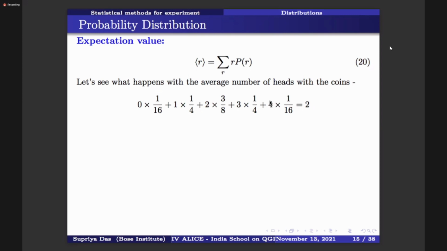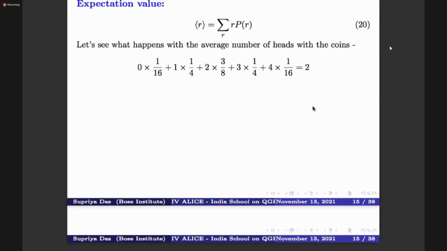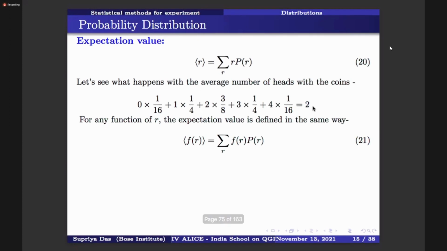And if you ask for all four heads, you have the probability 1/16. If you multiply and take the sum, it is 2, right? And the expectation value of R is really 2. That is what the expectation value is.